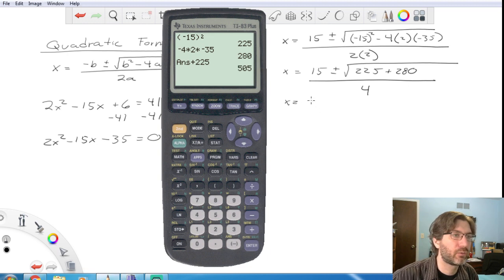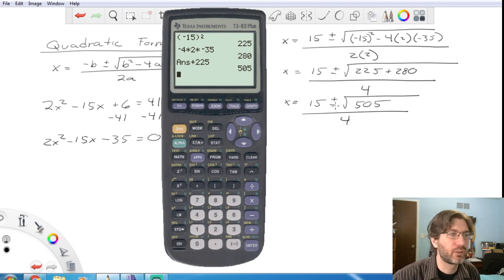So x equals 15 plus or minus the square root of 505 all over 4. And if you want to, you can break up your denominators. But you can actually just type this in the calculator. You'll note that I have a positive square root here, so I'm going to get a real answer. So I can go ahead and plug that in. I get the plus version, and I want the square root of 505.